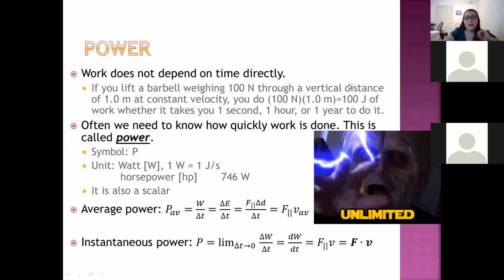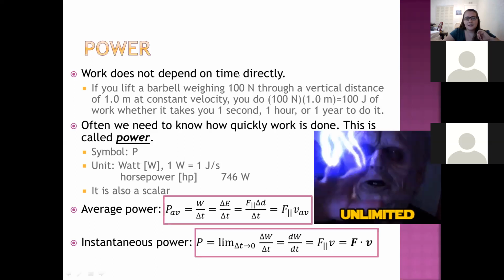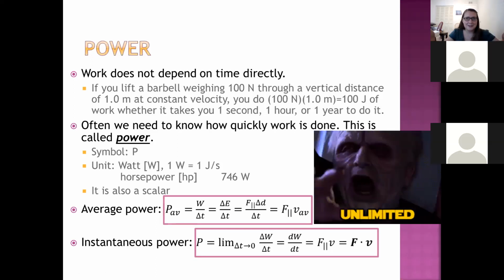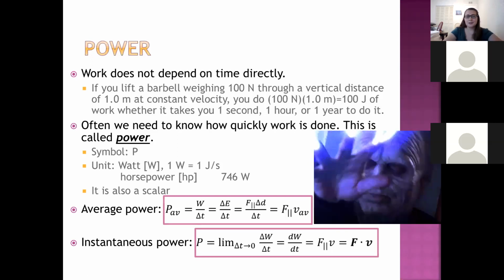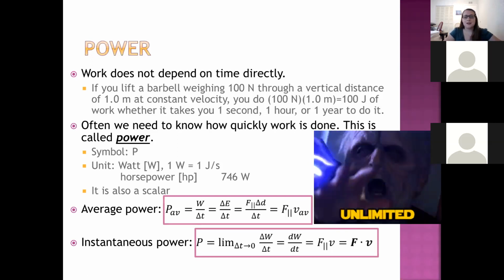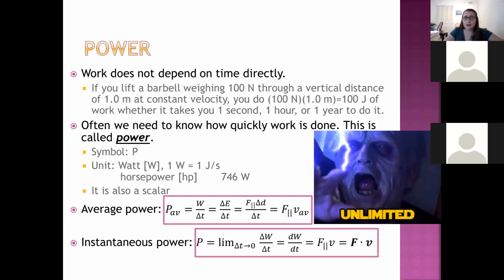Okay. Anyway, I say two equations, but really it's a string of equations. But these two sets of equations are going to be really helpful for you.